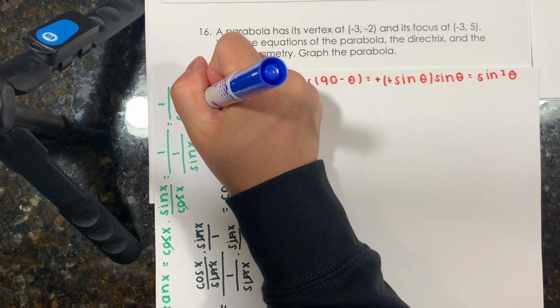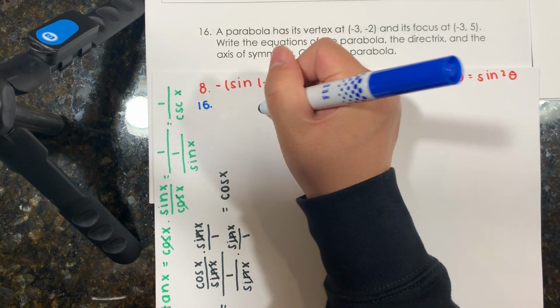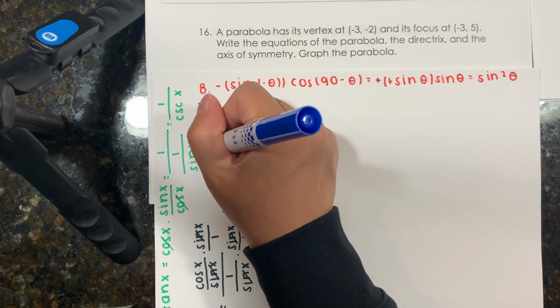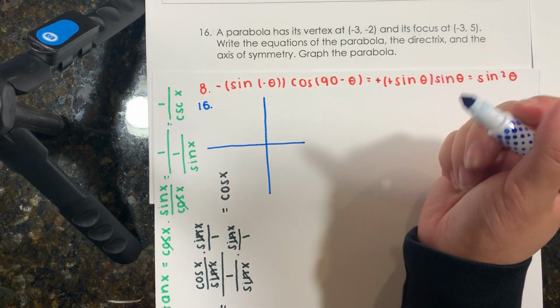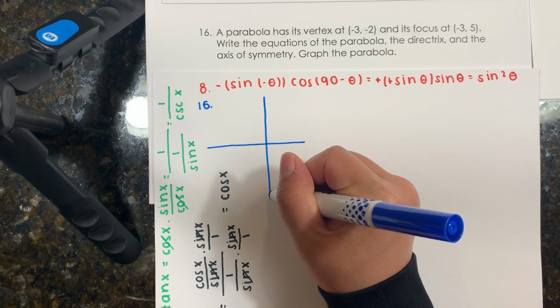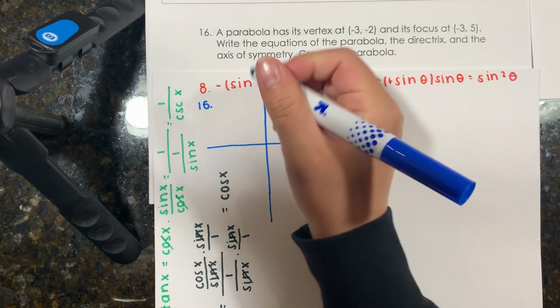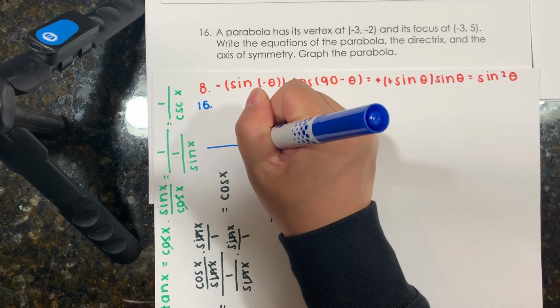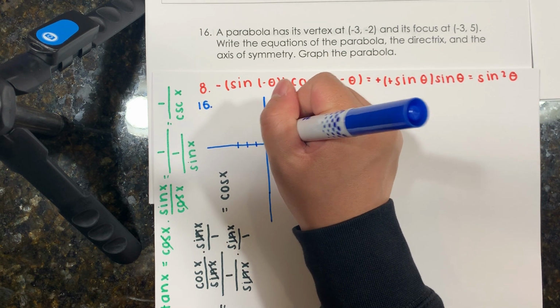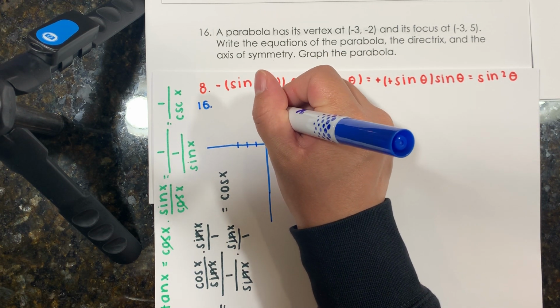So for number 16, I'm going to start with my diagram. Which is not going to be big enough. So 1, 2, 3. 1, 2, 3, 4, 5.